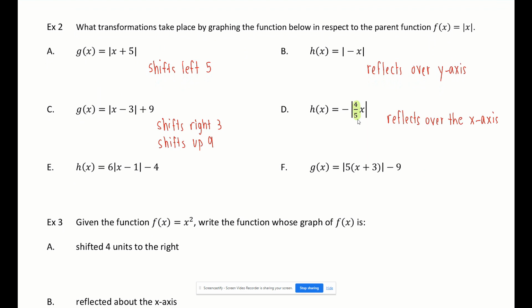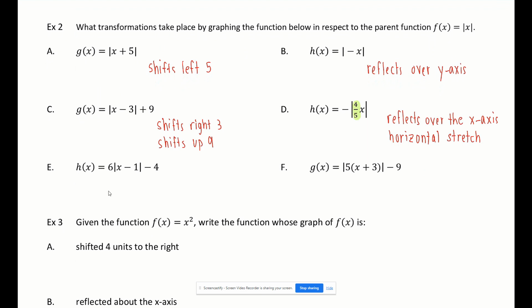Which horizontal move? Is it a horizontal stretch or is it a horizontal compression? That makes it wider, it's a horizontal stretch. Okay? Picture it. You're pulling at it from left to right. You're stretching it so it gets wider. So this is definitely a horizontal stretch.